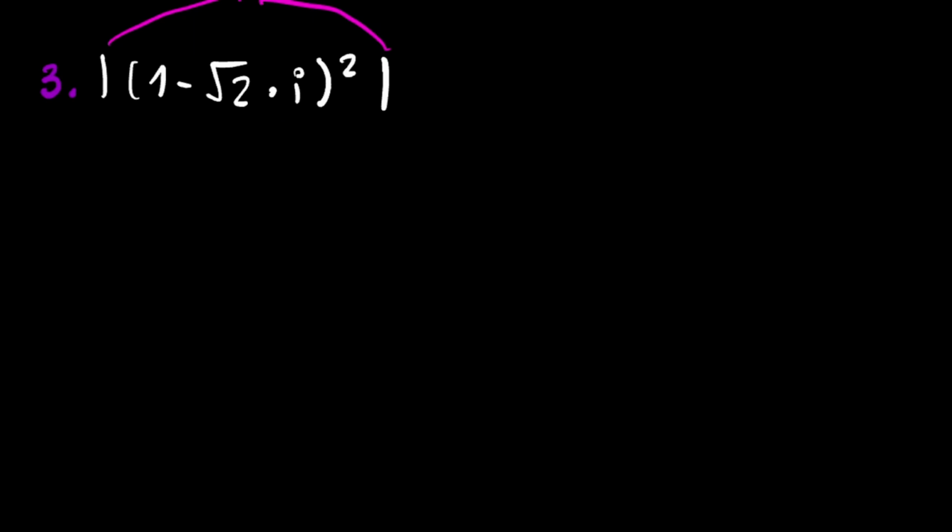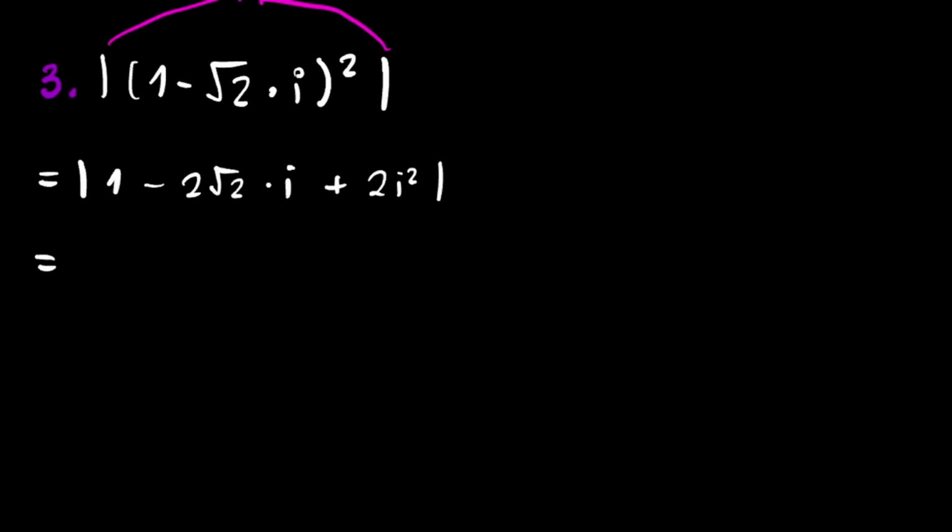So we can just work around with that. It's going to be basically the square of the first one, so 1, plus double the first one times the second one, so minus 2 times i, then the square of the second one, so it's going to be 2i squared.